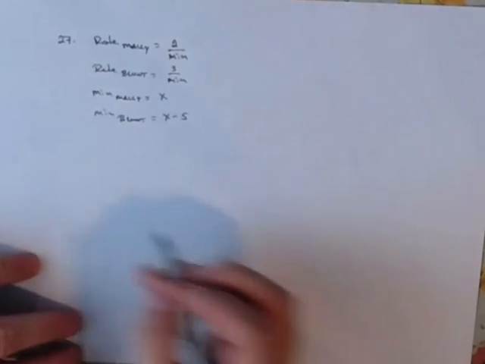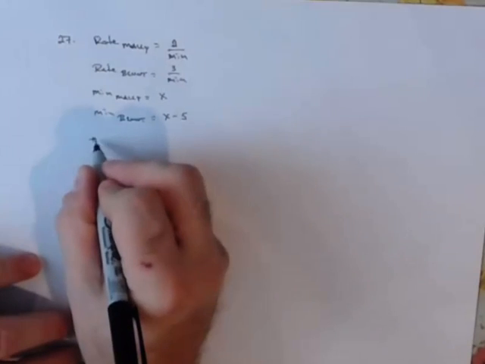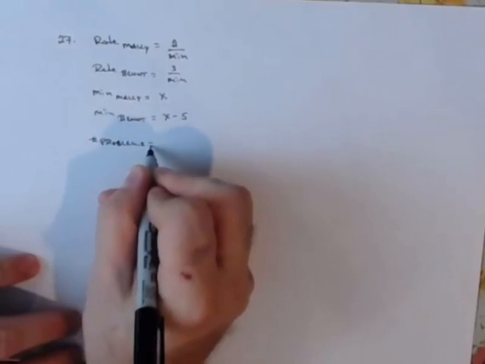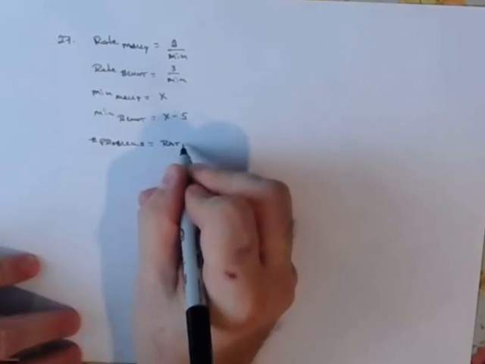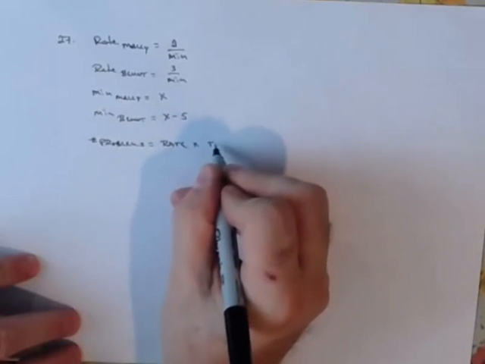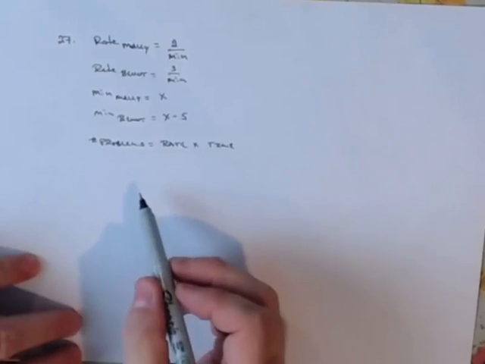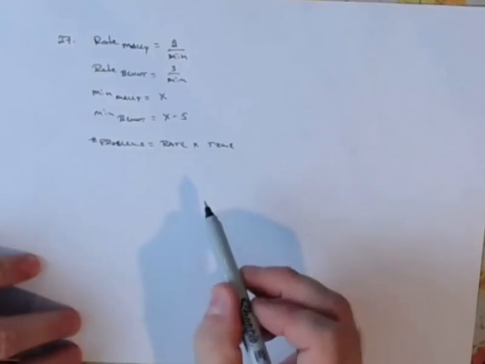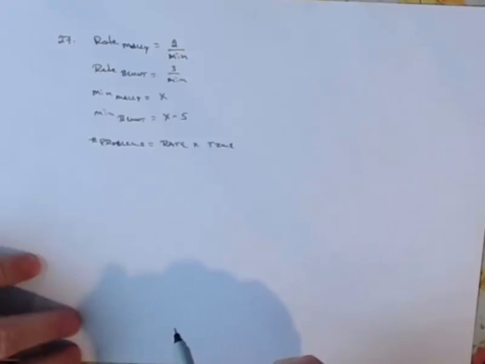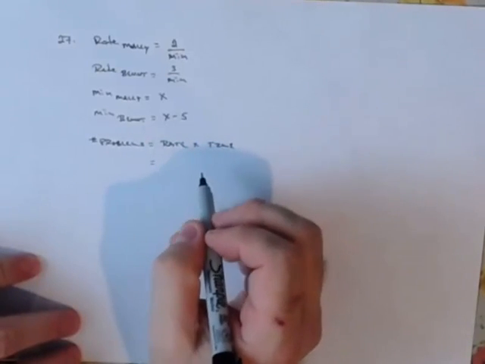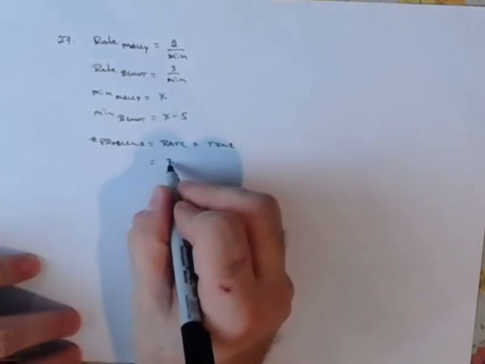Well, it's going to be the rate times time. The number of problems equals rate times time. In this case, the number of problems for Benny is equal to the rate of Benny times the time that Benny has. The rate of Benny is 3 per minute.